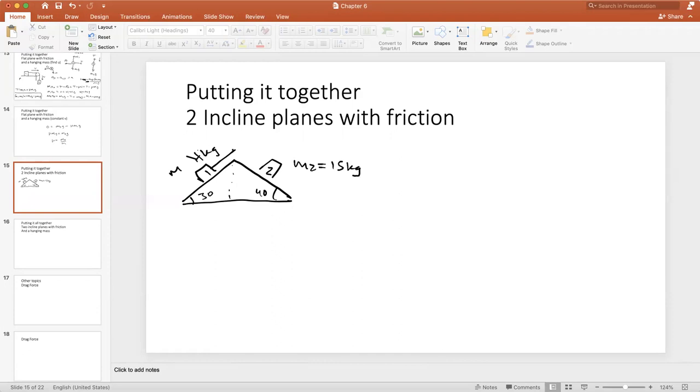They're connected over a pulley at the center. This side has mu of 0.5. This side has mu of 0.4. And the reason why I did this was to make it totally obvious that if this thing were released from rest, and we didn't consider static friction at all, it could overcome static friction.